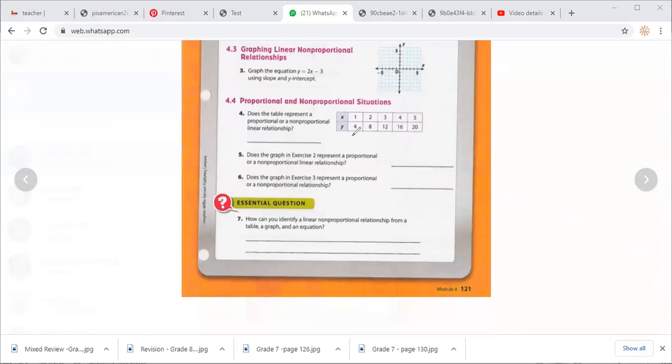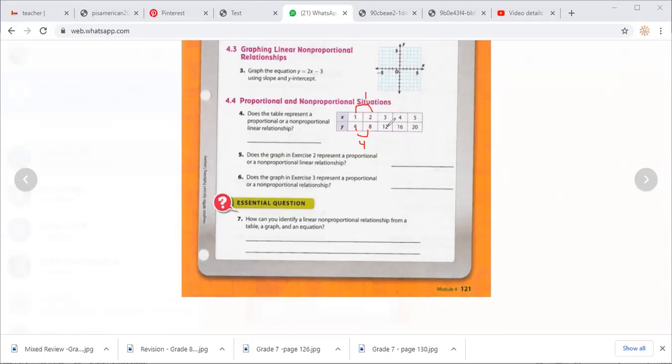Or we can say 4 divided by 1 equals 4, 8 divided by 2 equals 4, 12 divided by 3 equals 4, 16 divided by 4 equals 4, 20 divided by 5 equals 4, which means all the ratios have a constant value. Or we can calculate y2 minus y1, which is 8 minus 4, equal to 4. 2 minus 1 equals 1. Then 4 divided by 1, so the slope equals 4.